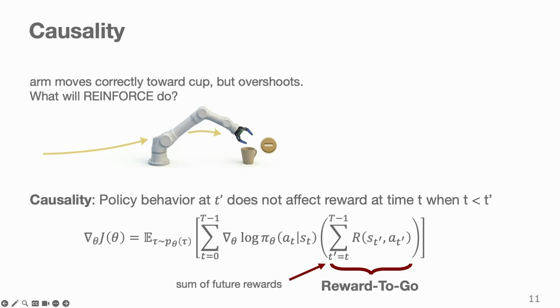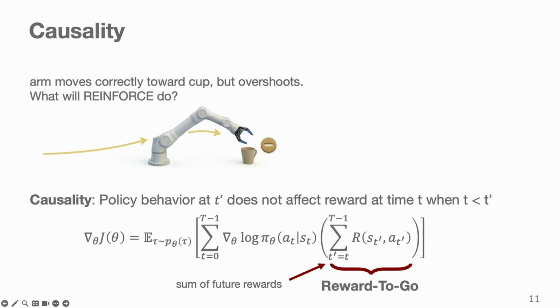Now let's talk about causality. We have derived REINFORCE, our first vanilla policy gradient, but now we can see where it starts to break down in the real world. Consider this example for the robot on the top. Imagine the task is to reach towards and grasp the cup, but it overshoots and gets a negative reward in the end. What does REINFORCE do?